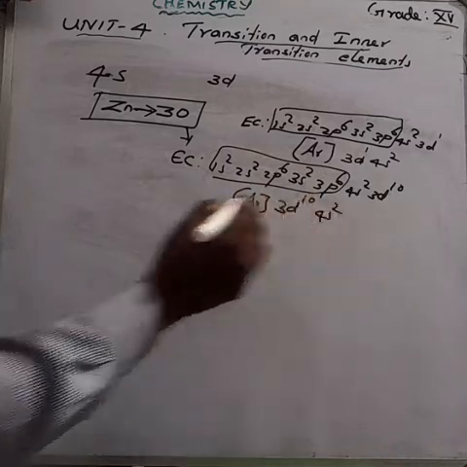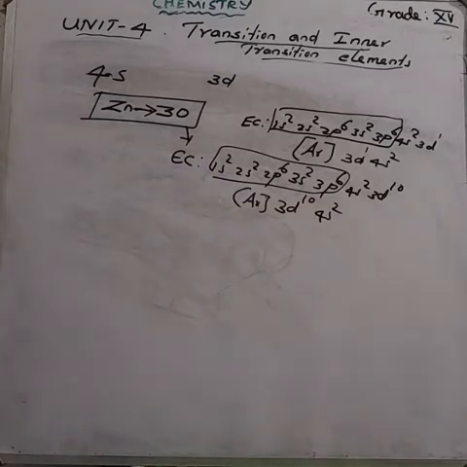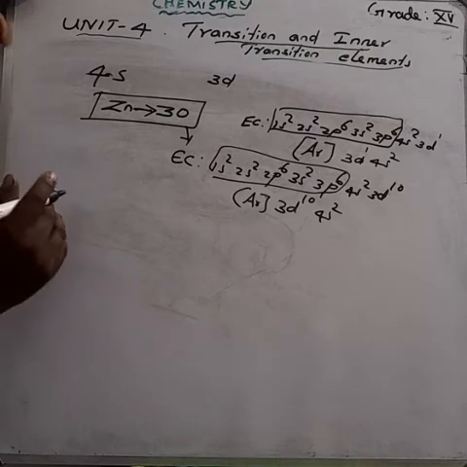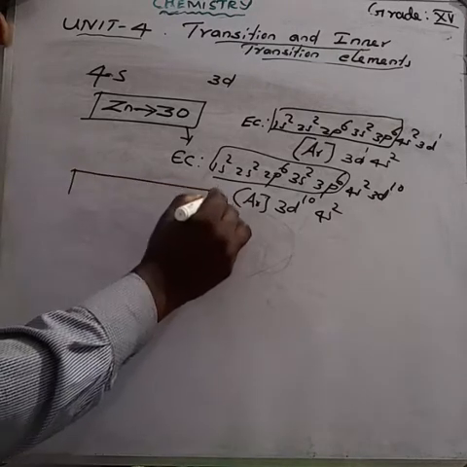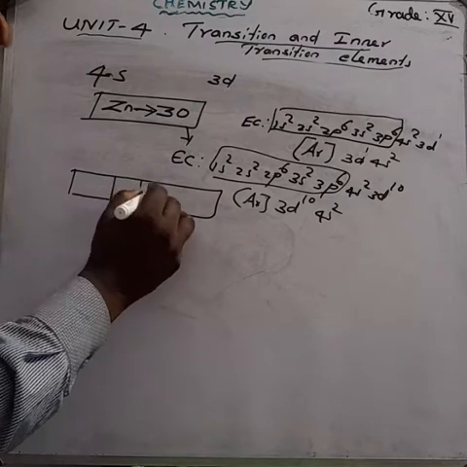There are two exceptions in the progressive filling of the 3d orbital. Here is one of the important points. There is a chance of acquiring a half-filled or fully filled 3d subshell.